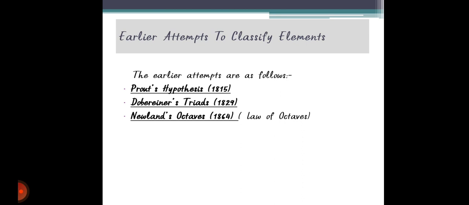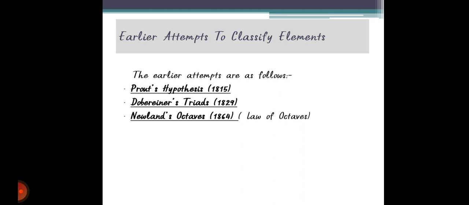Dobereiner classified the elements into groups of three elements with similar properties in such a manner that the atomic weight of the middle element was the arithmetic mean of the other two. For example, for the elements lithium, sodium, and potassium, lithium's atomic weight is 7, sodium's is 23, and potassium's is 39.